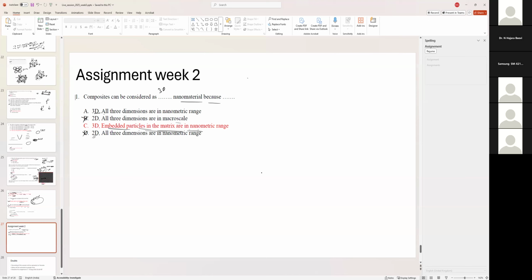So for a 3D nanomaterial, you have your bulk tube, which is embedded with small nanoparticles. So this is a bulk 3D nanomaterial. Nanoparticles are embedded in the matrix.